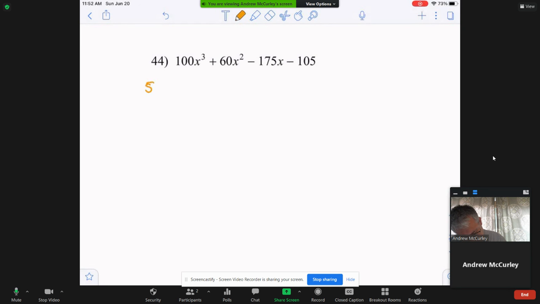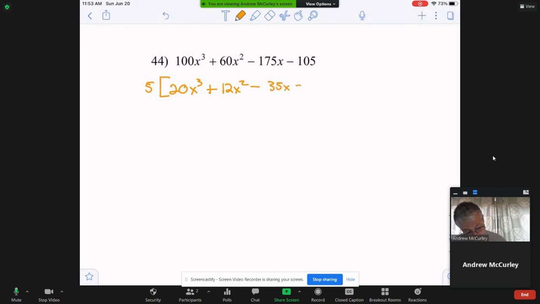So that's going to leave me with 20x cubed plus 60 x squared minus 175. Let me divide 175 by 5. I'm going to make sure I'm right.